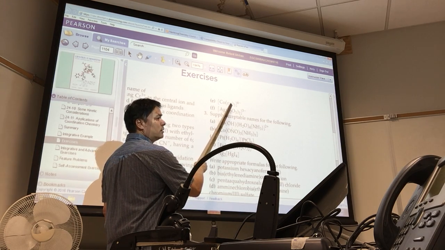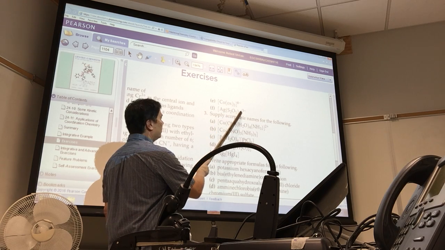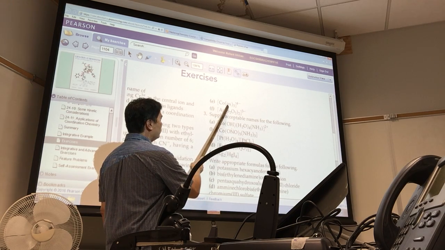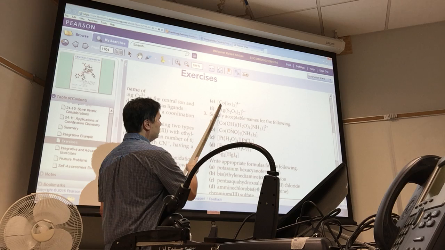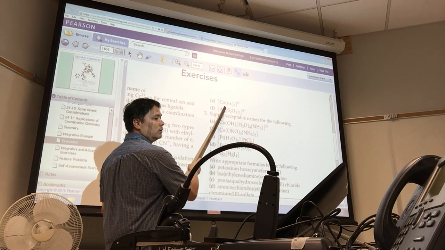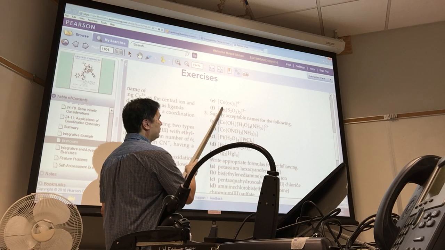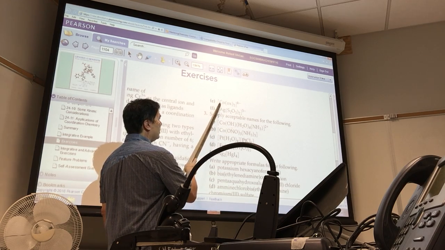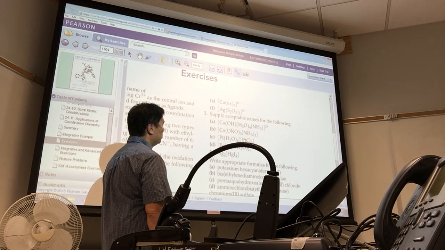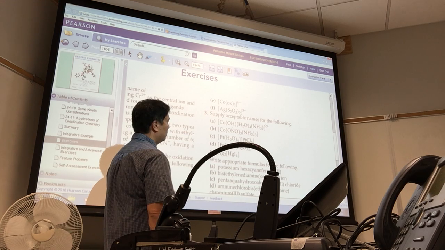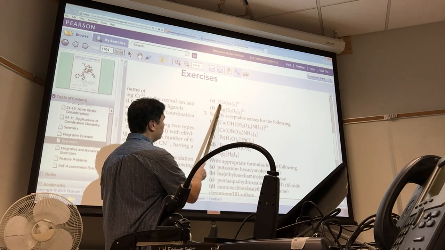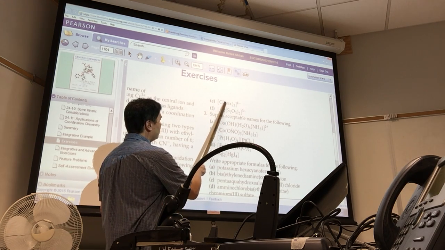Trioxalate or trioxalato? Yeah, this is going to be trioxalato. Cobalt, is that right? Trioxalato cobalt or cobaltate? Yeah, trioxalato cobaltate and the charge on cobalt is +2. So this would be cobaltate 2. So trioxalato cobaltate 2.